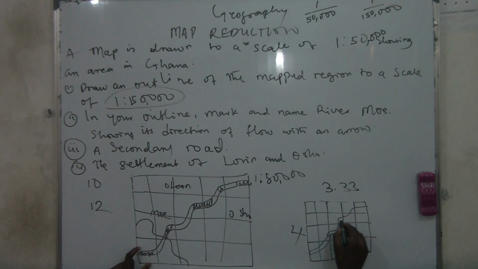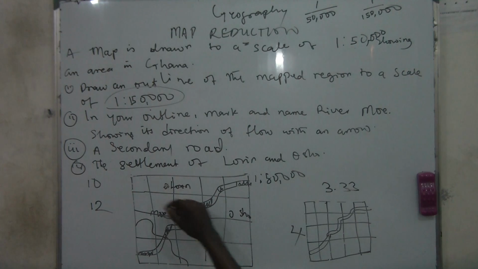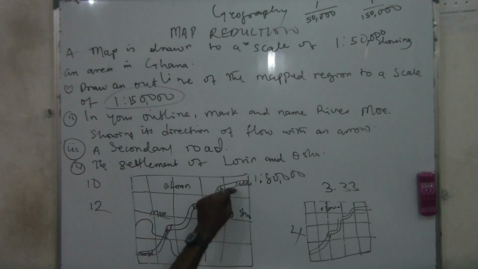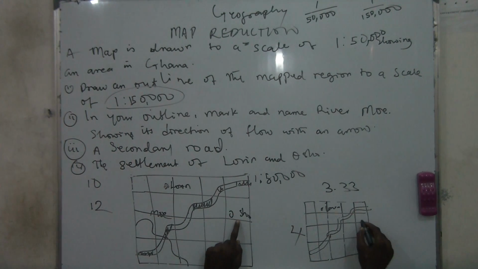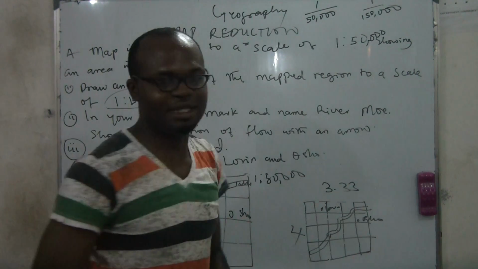This town is inside the first one, and this one is in the 1, 2. So that's how you copy.